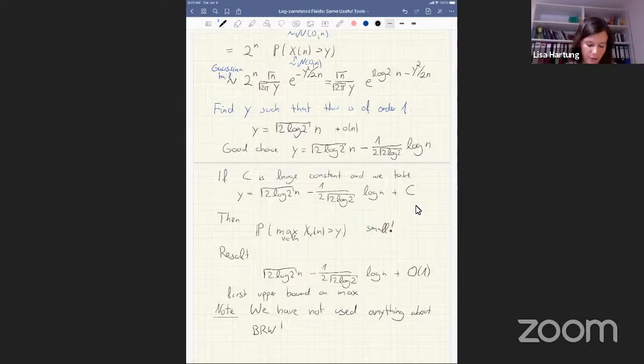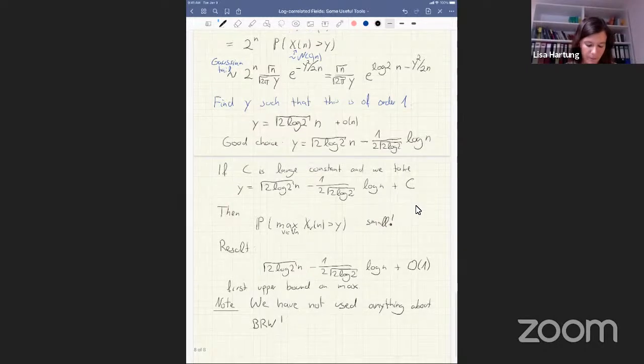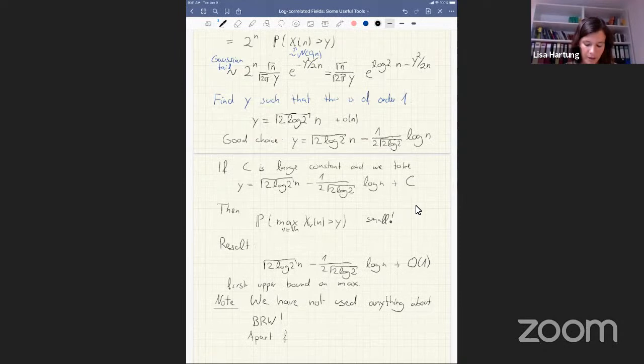Apart from that, we have 2 to the n random variables, and each of these random variables is a Gaussian with mean 0 and variance n.